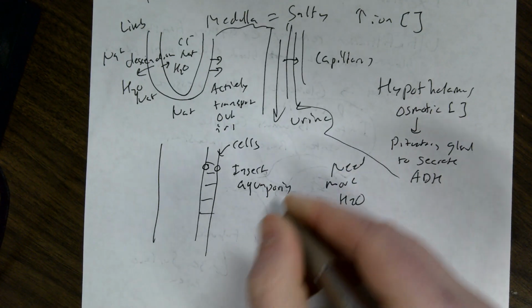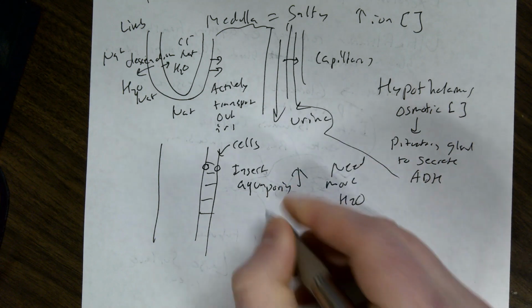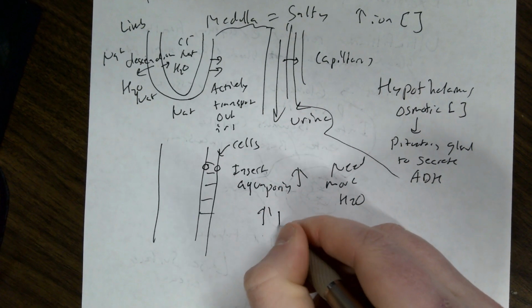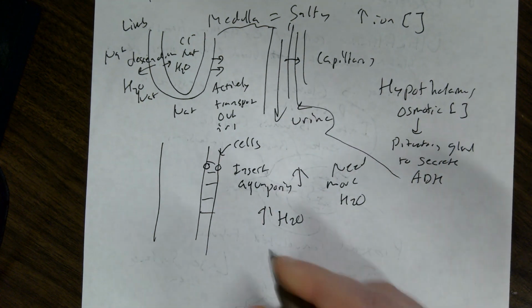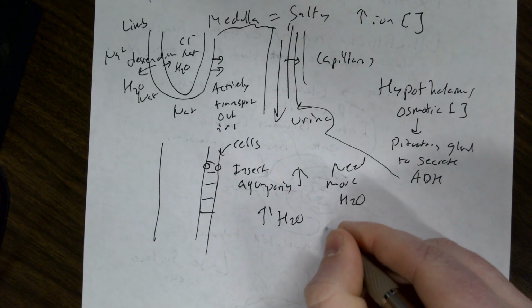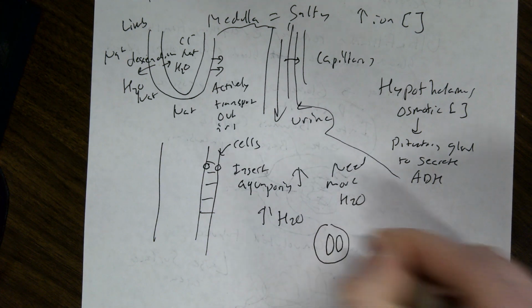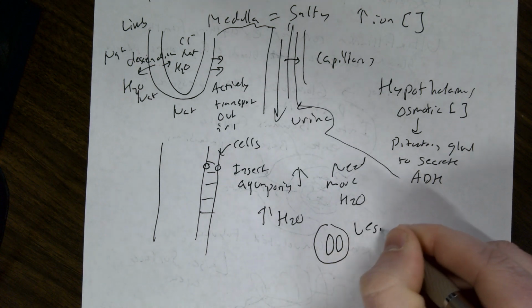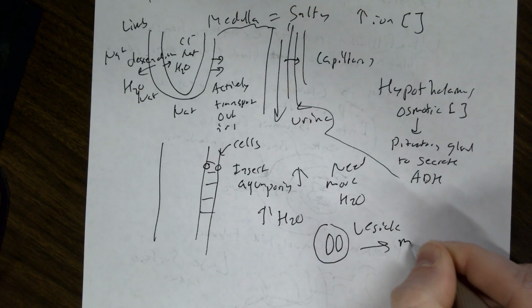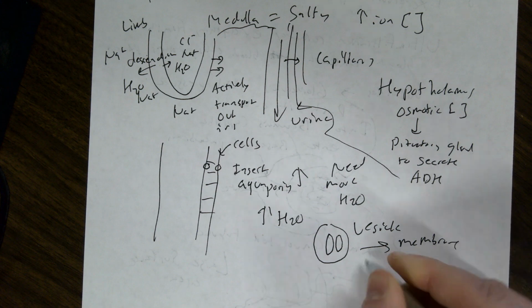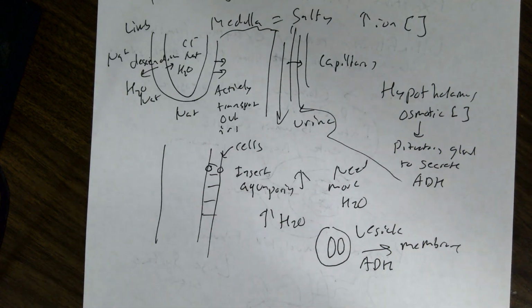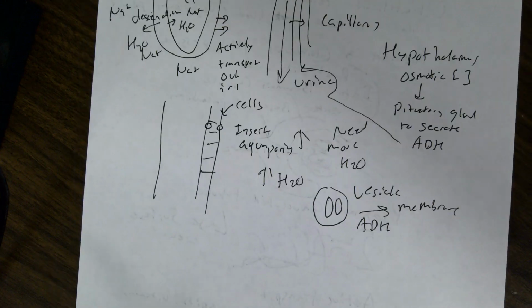So ADH causes you to insert aquaporins, so you have more aquaporins, which means more water reabsorbed. When there's no ADH, those aquaporins are stored in vesicles. So it's vesicle to membrane, and this is caused by ADH. That is how we control the amount of water.